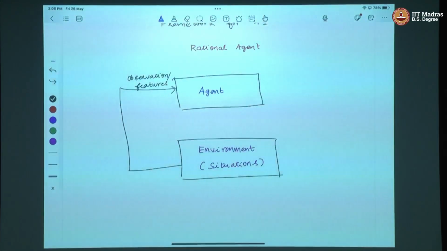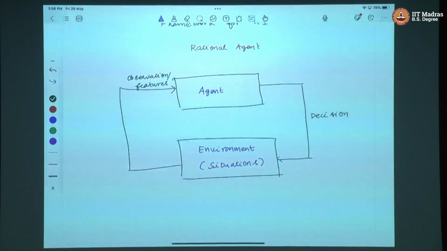Then, based on that, the agent makes some decision. And for learning to happen, you have to provide the agent with some kind of feedback, which is a reward.